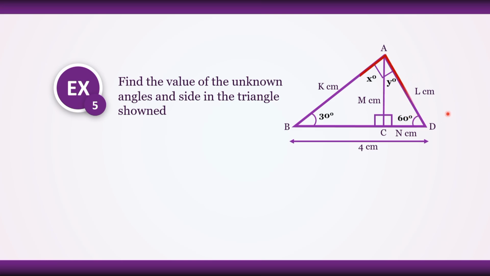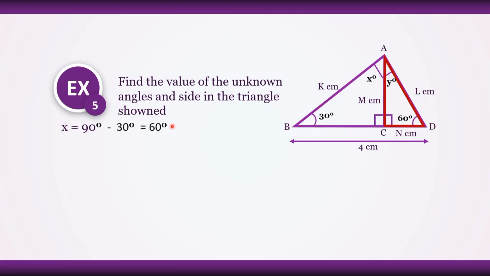Using this triangle here, we can find the value of x. Remember that we have a right angle here, so x will give us 90 degrees minus 30 degrees since we have a right angle triangle here. So x will be 60 degrees.